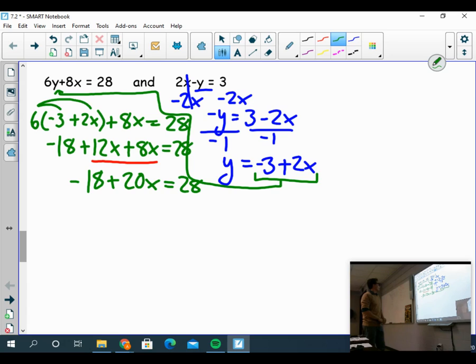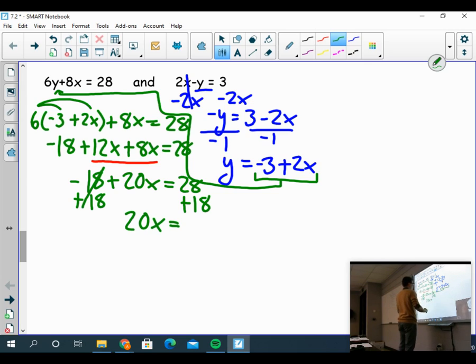I will then add 18 to both sides. And when I do this, I should get 20x equals 46.